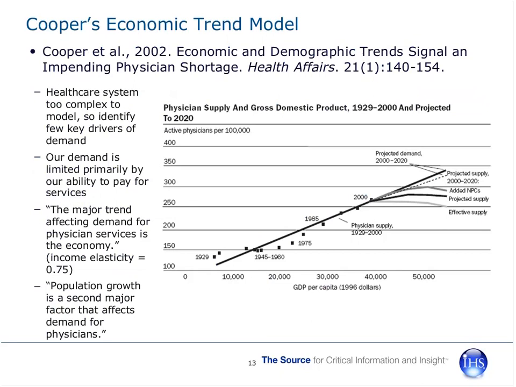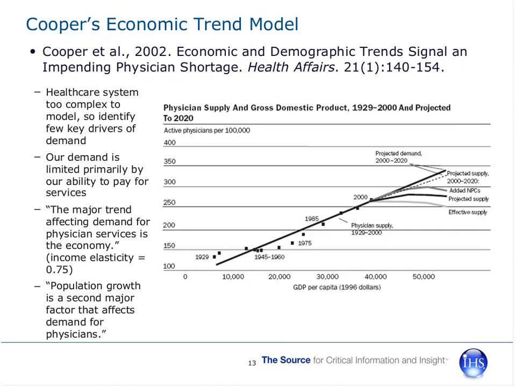In his opinion, the key drivers were population and economic growth. He showed a fairly strong correlation, between 1929 and approximately 2000, when his data stopped, between the active physicians per 100,000 population in the U.S. and the gross domestic product per capita.